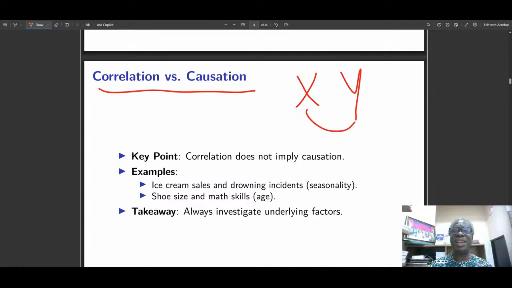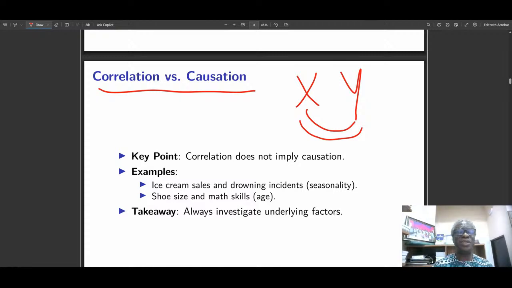Is there an association between the two? It's not saying that one is causing the other. You notice that we have not talked about whether X is causing Y or Y is causing X. We are only saying there is association, there is a relationship.